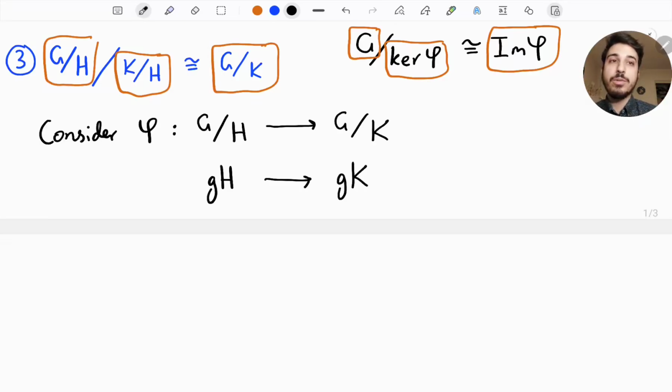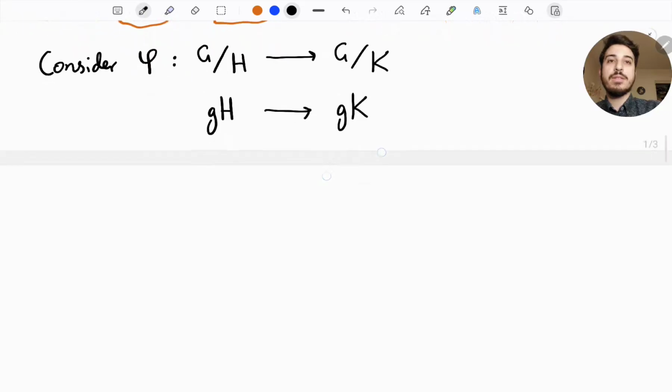Now we would like to see that phi is a well-defined homomorphism that is surjective and that the kernel of phi is equal to K/H. First thing, phi is well-defined.